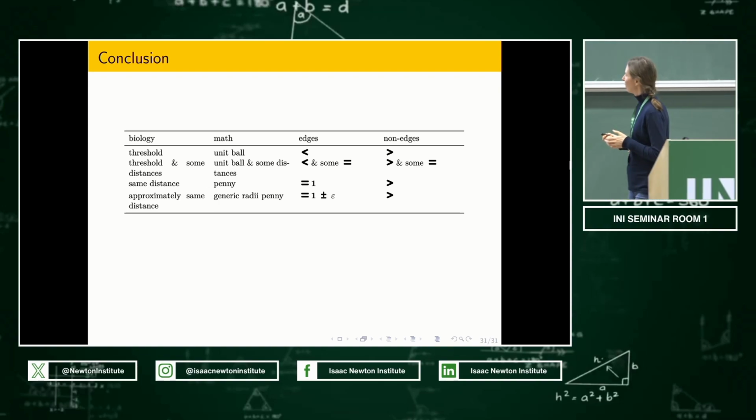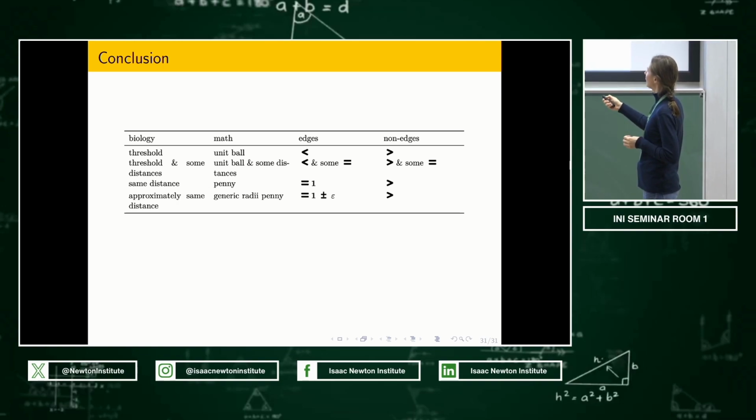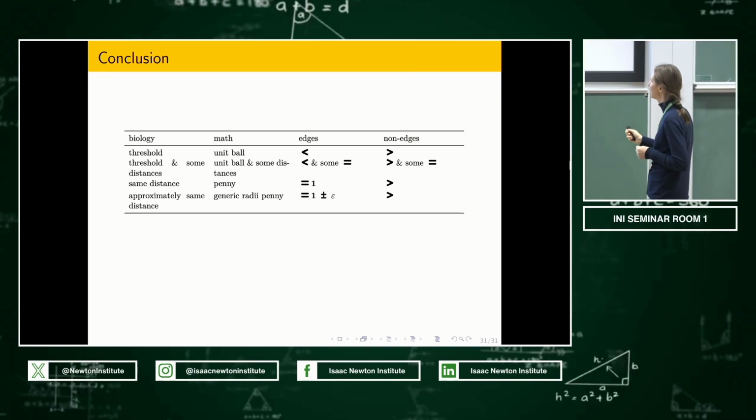But to conclude, I talked about these first three models. The threshold model corresponds to a unit-ball model in rigidity theory. Then I considered threshold together with some distances, so on the math side, unit-ball and some distances.